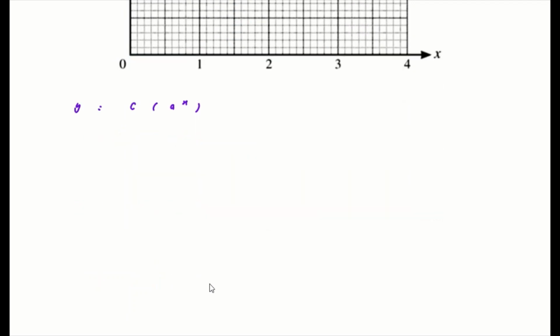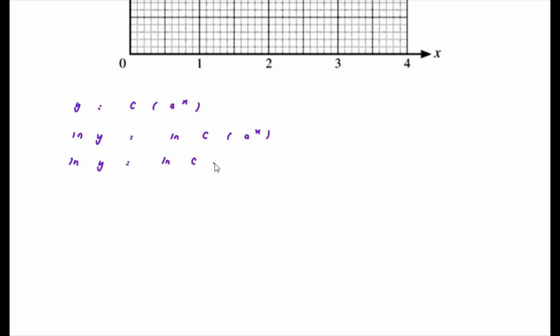Let's transform it to linear form first. So ln y equals ln c a^x. Split them up: ln c plus ln a^x. Okay, so just rearranging them, x you can move to the front.